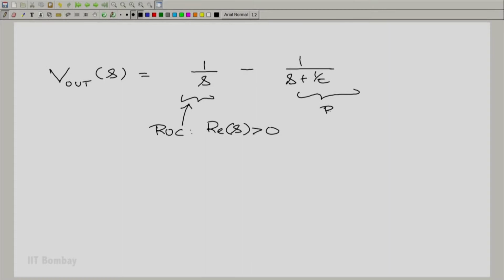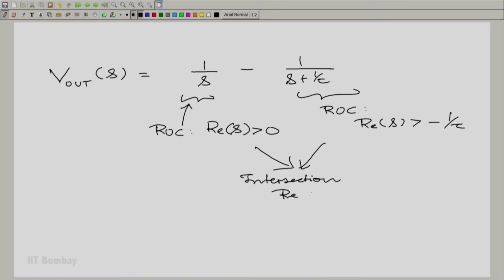This came with the ROC, real part of S greater than minus 1 by tau, and the only way in which we can reconcile these ROCs is to take their intersection.